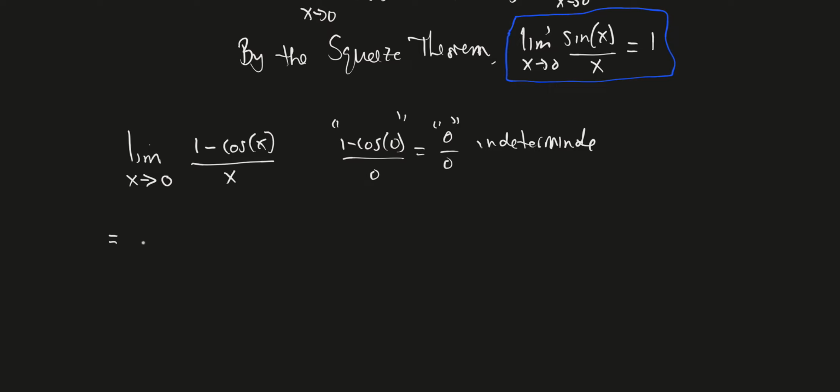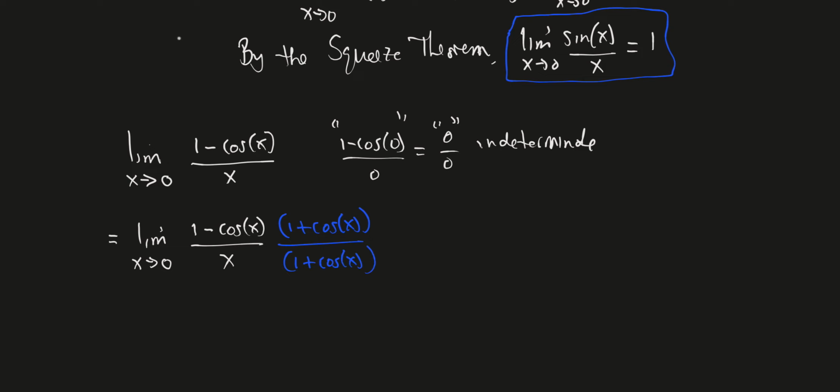Let me show you what happens. Here, what we're going to do is multiply the top and the bottom by the conjugate of 1 minus cosine x. So we're going to take 1 minus cosine x over x and multiply the top and the bottom by the quantity 1 plus cosine x, right, like this.